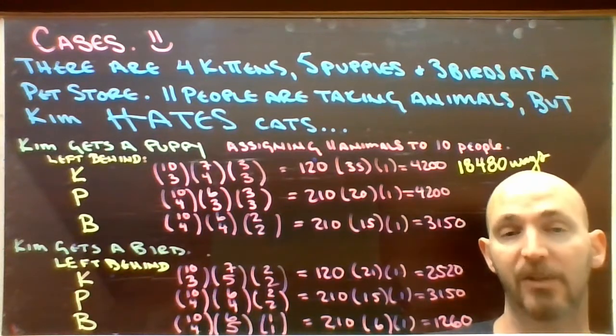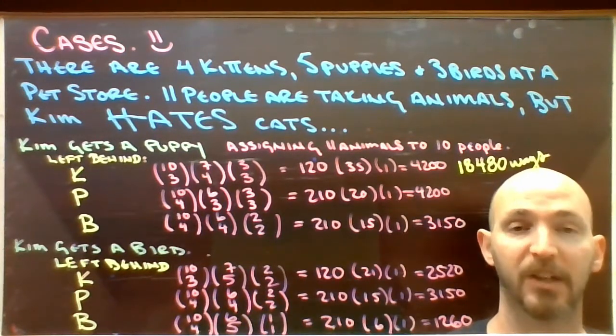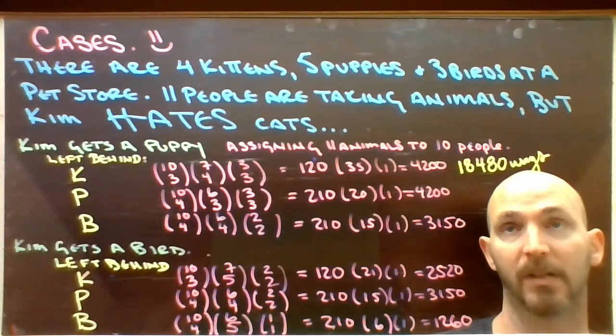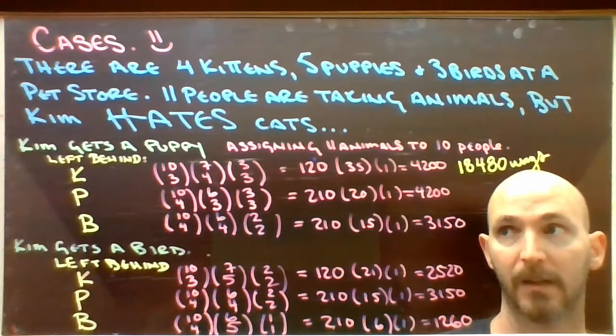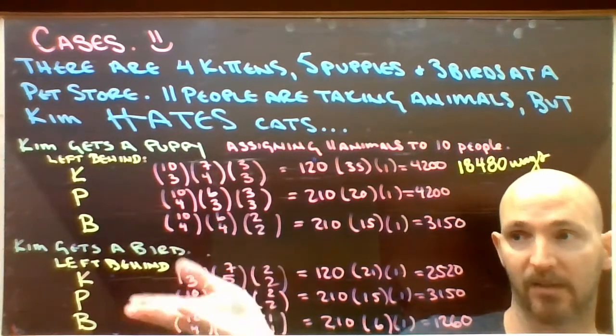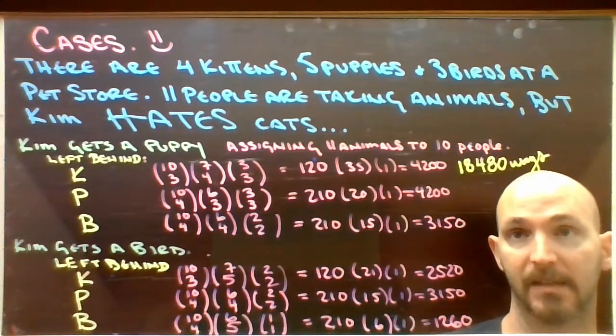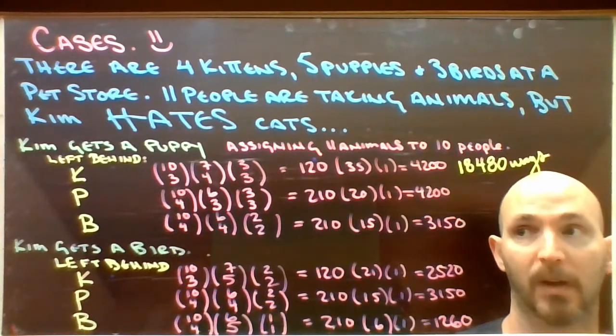So if we treat each kitten as indistinguishable, each puppy as indistinguishable, and each bird as indistinguishable, then we'd have to set our cases up this way with subcases, and we'd end up with 18,480 ways.